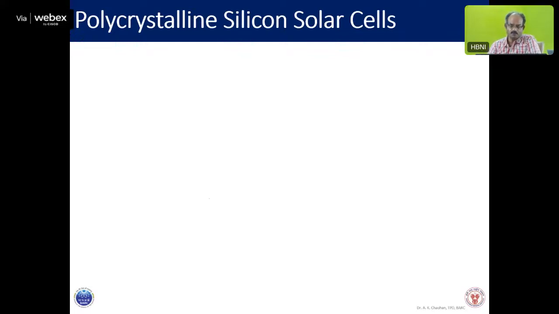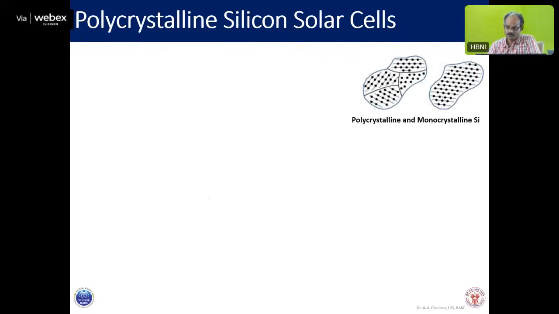Now we come to the polycrystalline silicon solar cells. So polycrystalline and monocrystalline, the difference is it has grain boundaries. Polycrystalline is actually several small volumes which are single crystals, but the entire mass is not a single crystal.